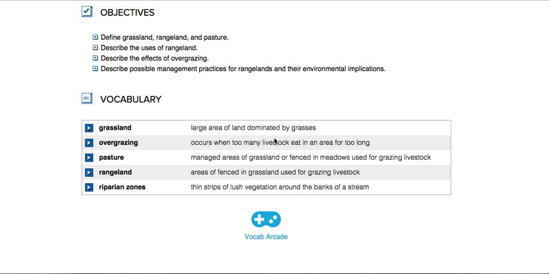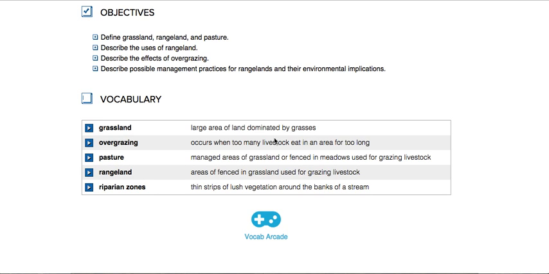So being able to define those three terms, describe the uses of rangelands, describe the effects that overgrazing has on these areas, and then finally being able to identify possible management practices for rangelands and their specific environmental implications.